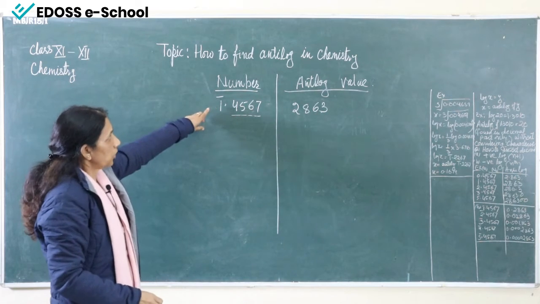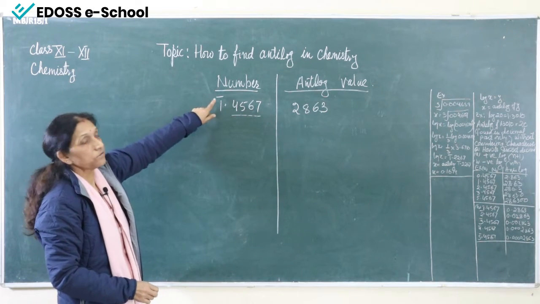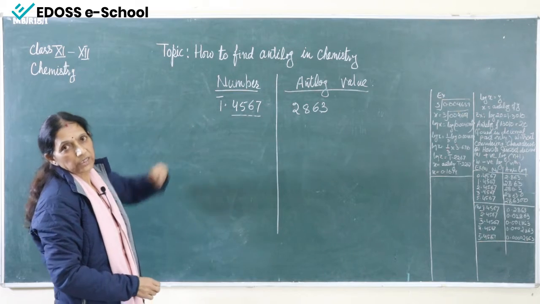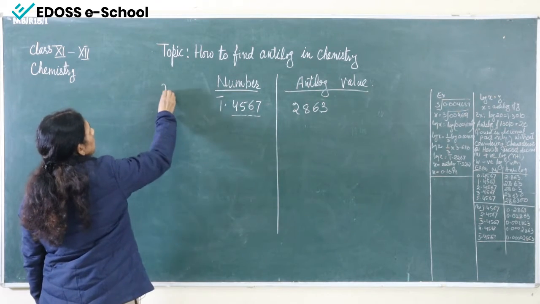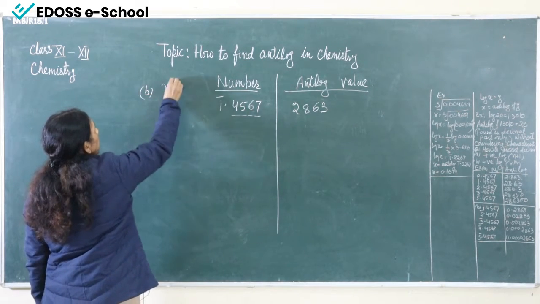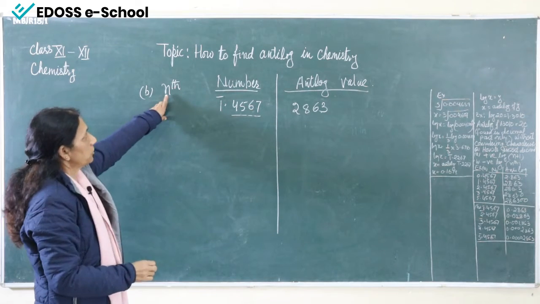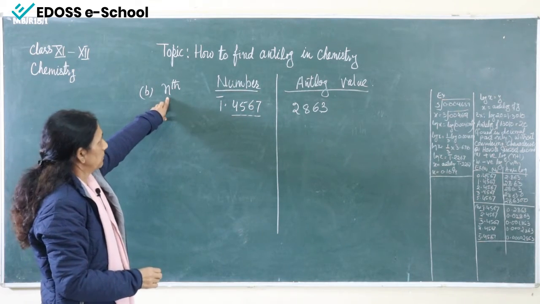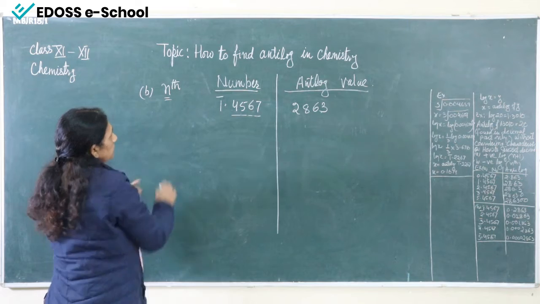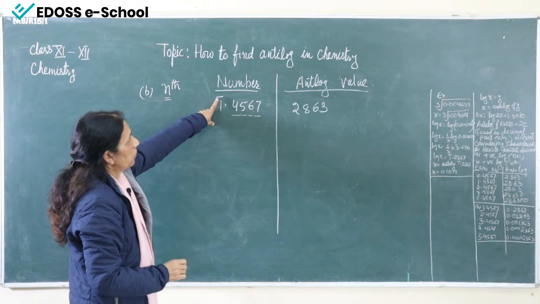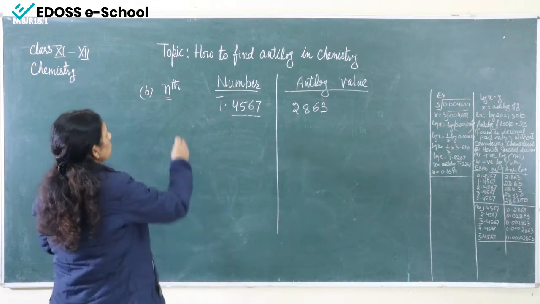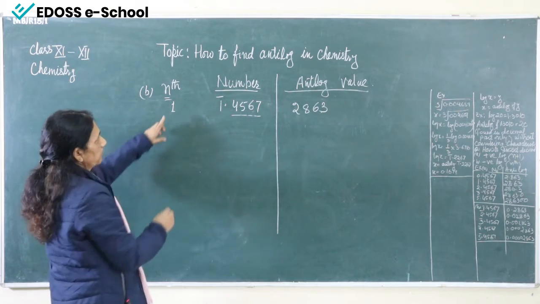Now, how to insert the decimal because the number is negative? For a negative number, the rule is we have to insert the decimal at the nth place. Now, the nth place is 1. So, I am taking here 1.